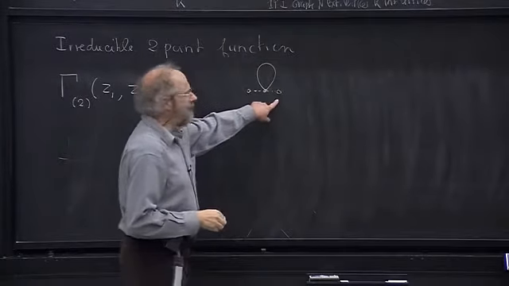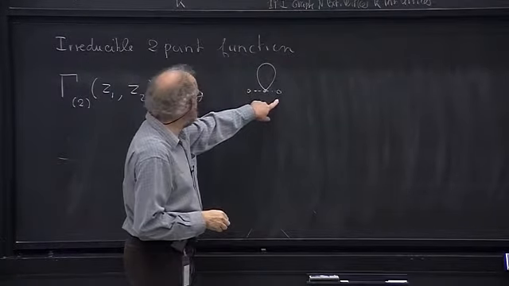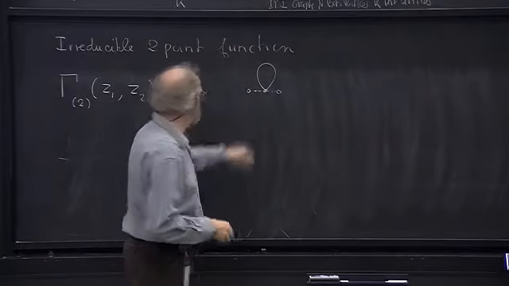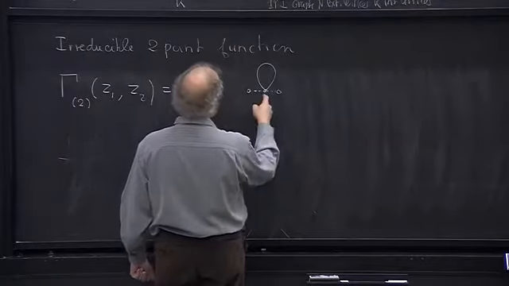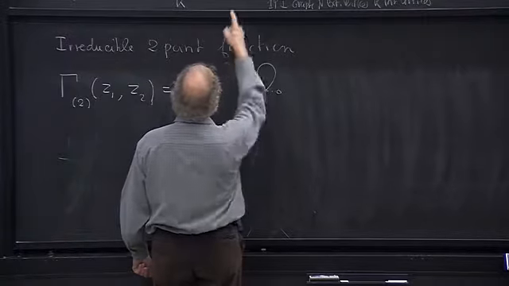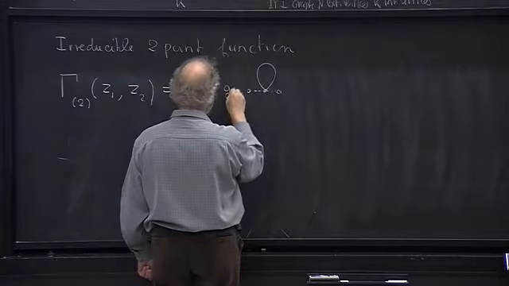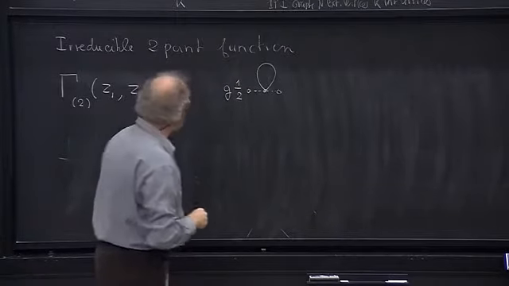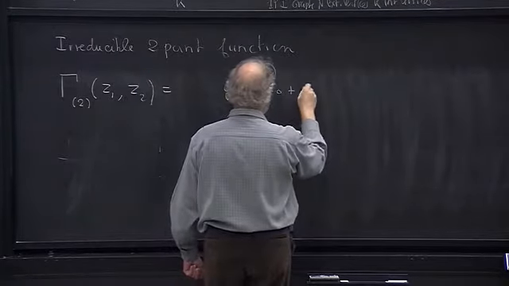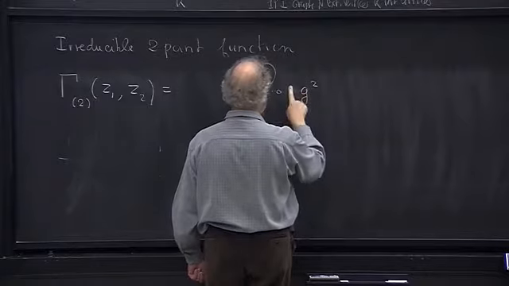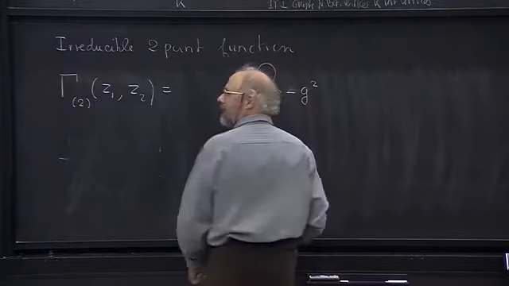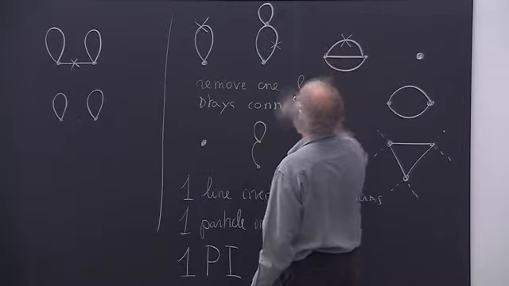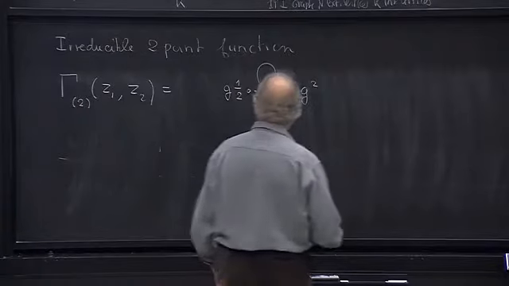We had this diagram with those two legs truncated. And we get a factor, so it has one internal vertex, so there is a factor G, and there is a factor 1/2, which is a symmetry factor. And then at order G squared, we get a minus G squared, and this and this are the irreducible diagrams that we get.